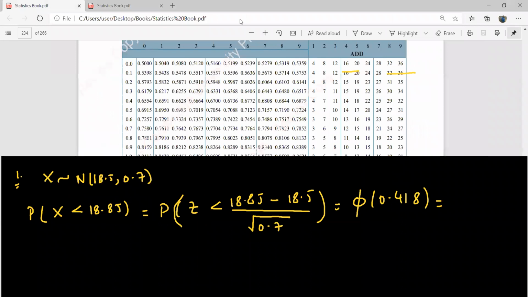This is 0.41 and here it is 8. This is 0.6591 plus 0.0029. So this is 0.6620. This is the probability for a bolt to be less than 18.85 centimeters.